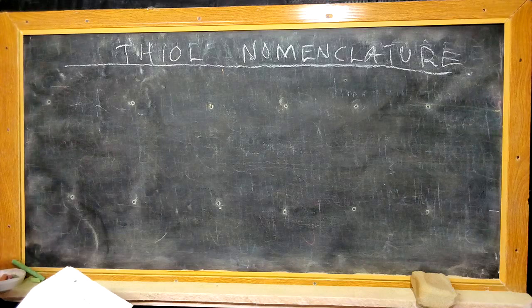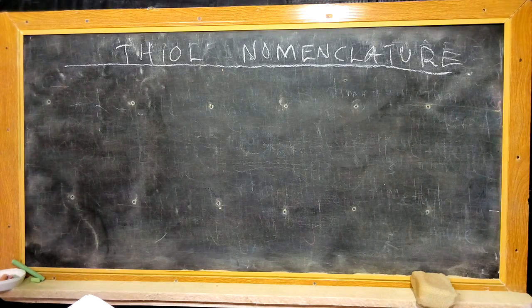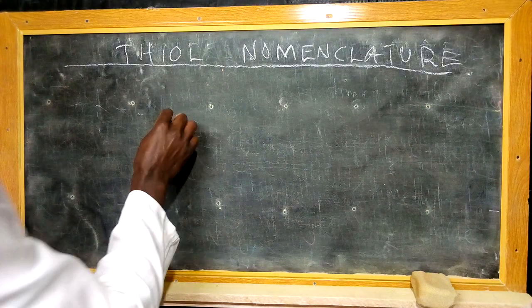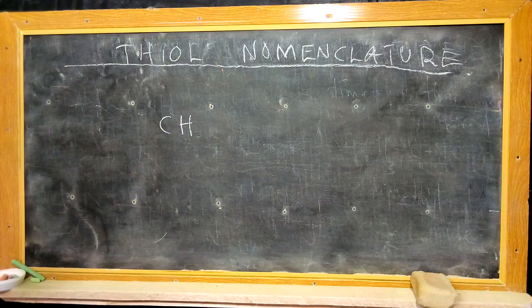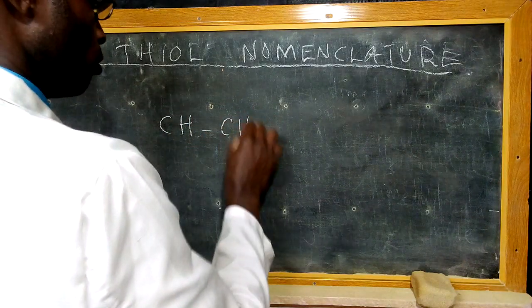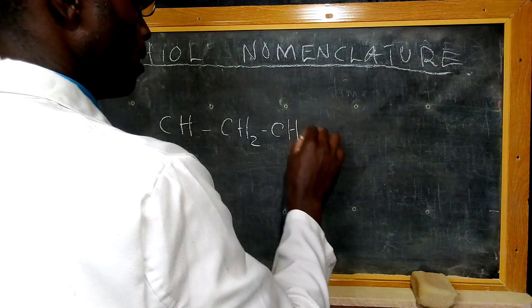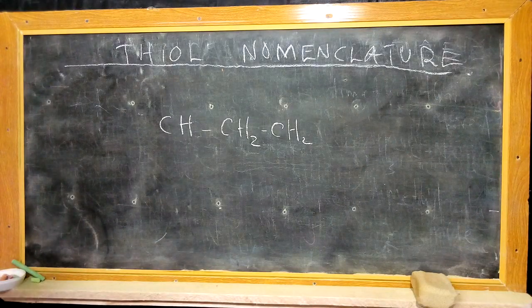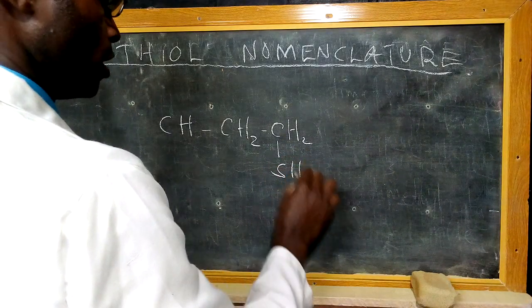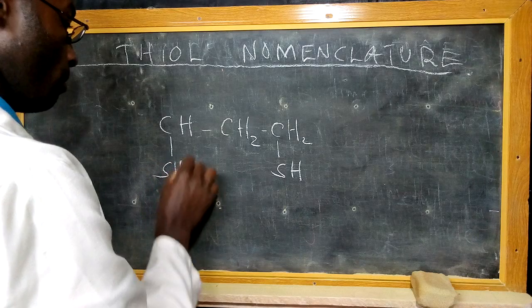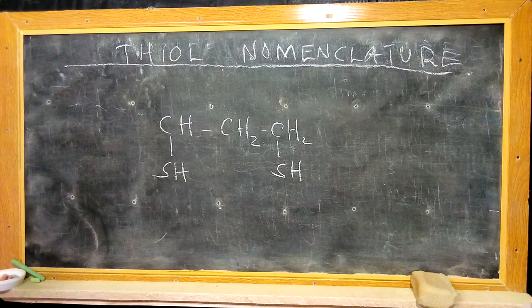Suppose we had a member of the thiol family that has a structural formula of this kind, that is CH2, and then we have a functional group here, SH, and another one at this particular point. The SH, that is the sulfur hydrogen, is the principal functional group, as we have said.